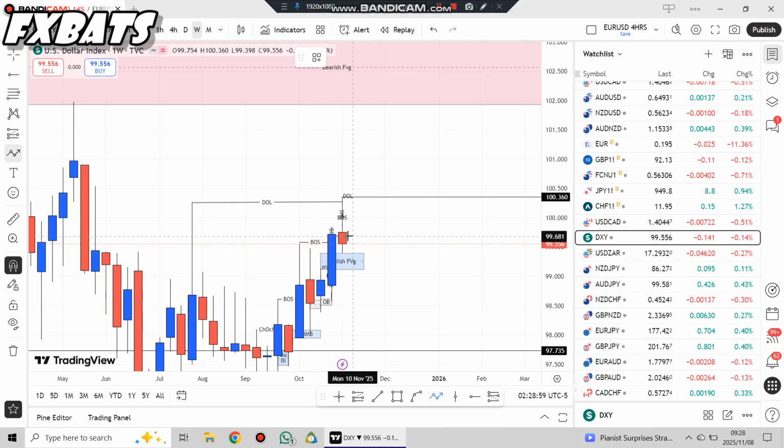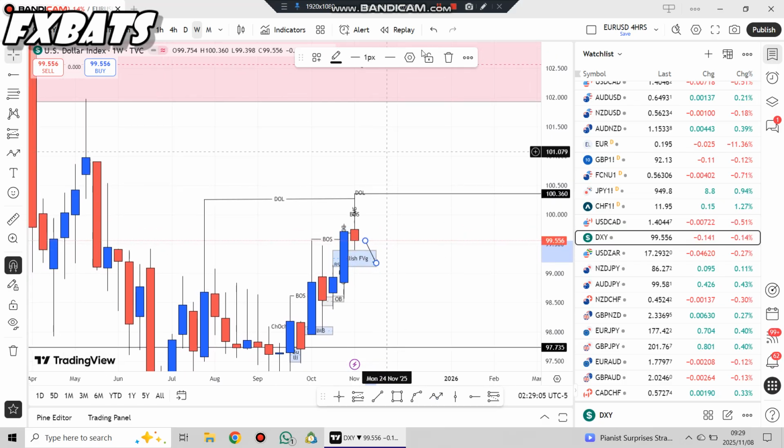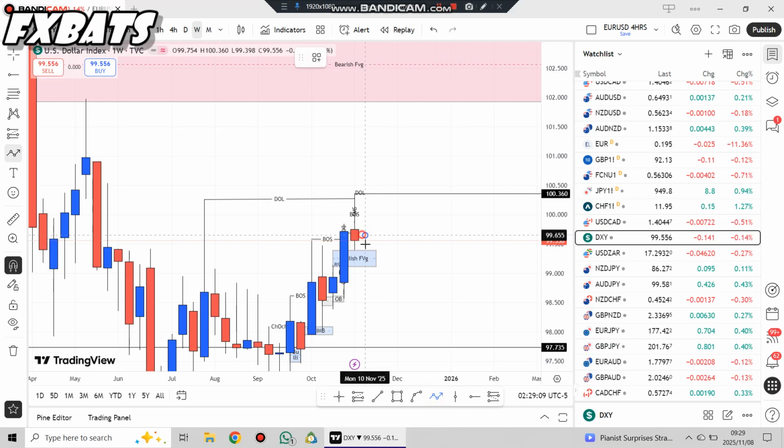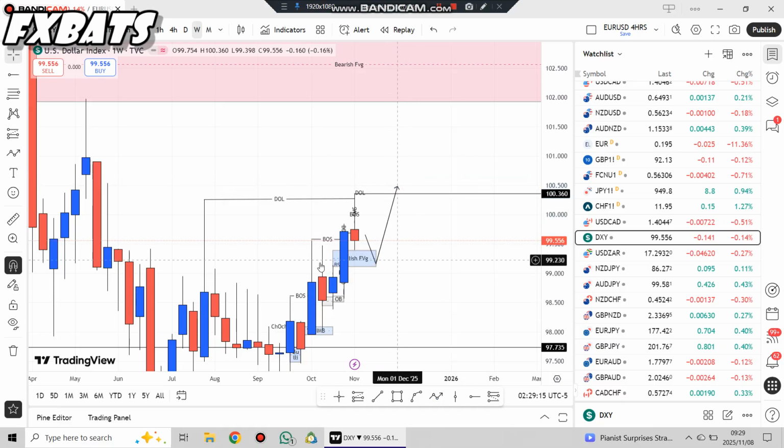So we would expect price to come and react off of that weekly fair value gap. This is the expectancy of price to move. So this is what I'm expecting to see. This is weekly. If you are a swinger, you know what to do.